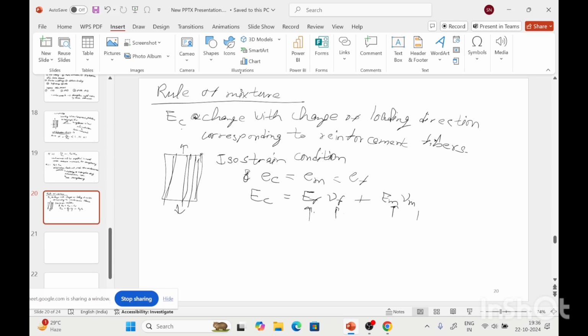Similarly, EM and Vm are the modulus and volume fraction of matrix. The addition of these two volume fractions will be 1, so this can also be written in terms of the volume fraction of fiber.